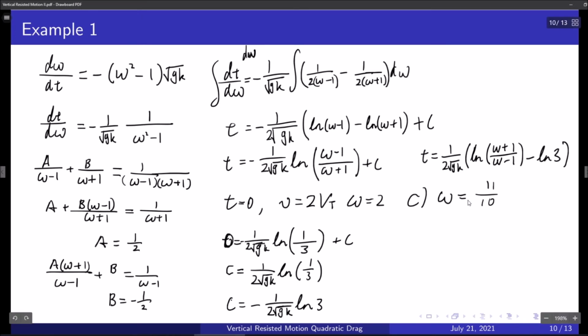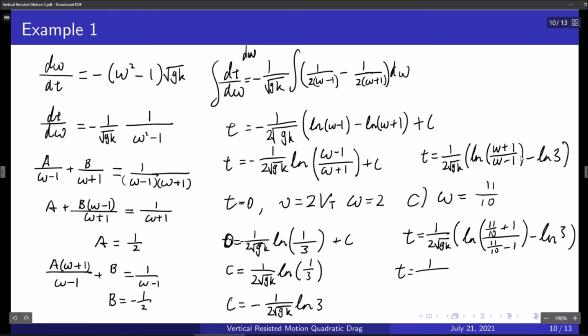Okay, now here we can just plug all the numbers in, and we end up with t equals 1/2 square root of gk times log of 11/10 plus 1 divided by 11/10 minus 1, minus log 3.